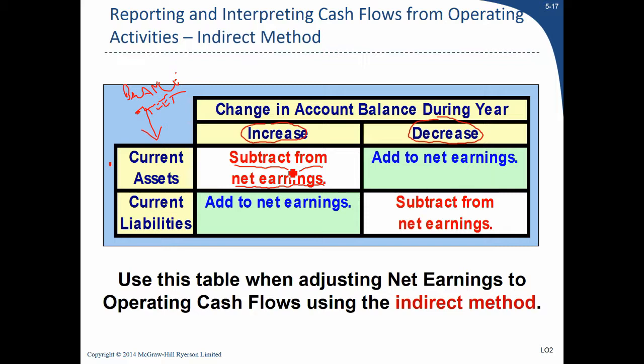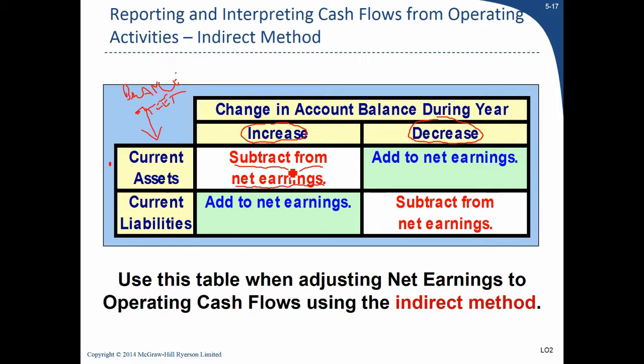The other thing to notice about this table is similar to the debits and credits problem, whereby you have all these different cases in theory, but as long as you know one, you know the rest because they're mutually exclusive. Right? So you know that if an increase in current assets means a subtraction in net earnings, you therefore know that a decrease in current assets means an add to net earnings, and you know that assets and liabilities have reversed signs.